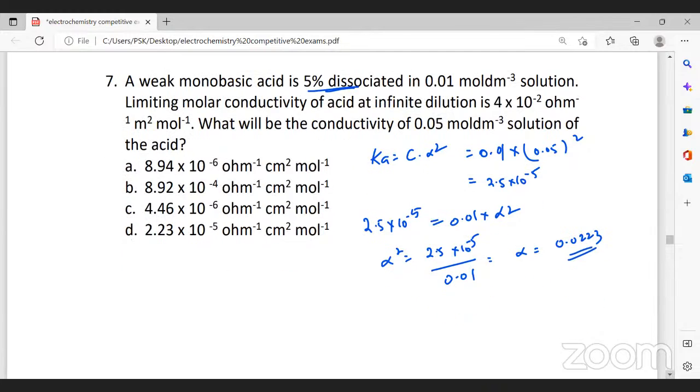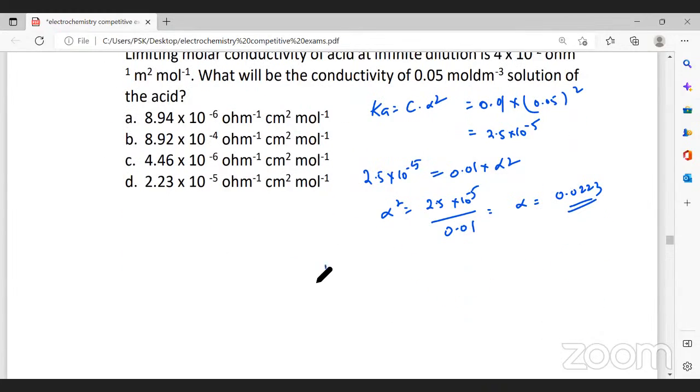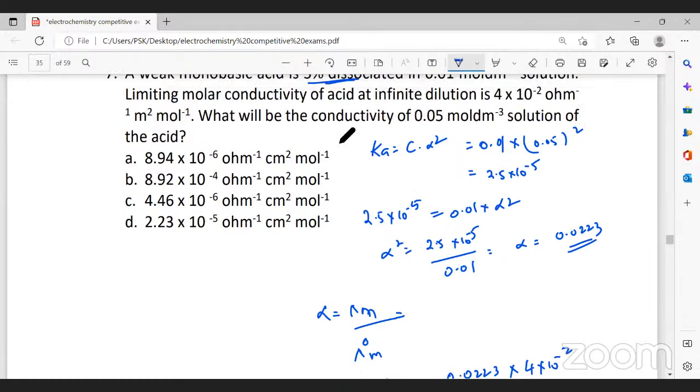So therefore, what is the degree of dissociation? Alpha is lambda m divided by lambda naught m, or we can write lambda m is equal to alpha into lambda naught m. Alpha is 0.0223. Lambda naught m is 4 into 10 to the power minus 2, they have given you here as the molar conductivity at infinite dilution.